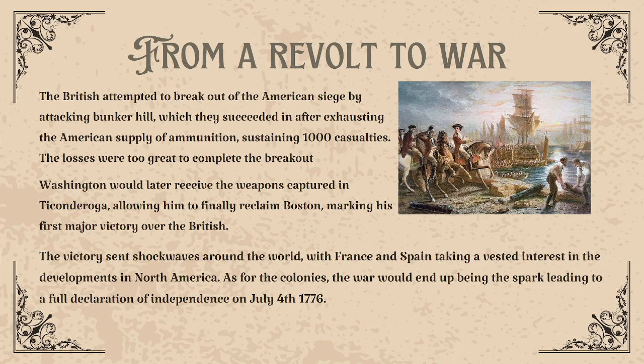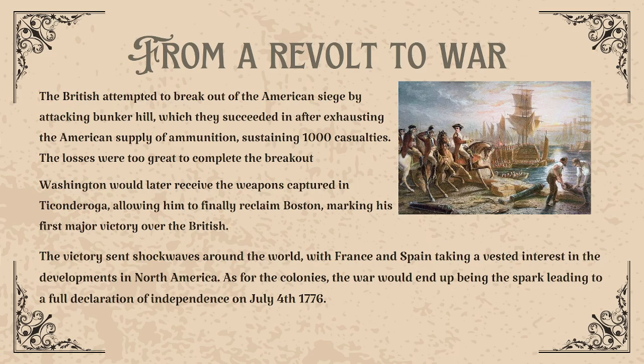The British attempted to break out of the siege by attacking at Bunker Hill, and they succeeded because the Americans ran out of ammunition, and the British ended up sustaining some 1,000 casualties, though, again, notably, while that number might seem like it isn't too large for an army, considering that we often in history hear of armies in the tens of thousands, this was huge.